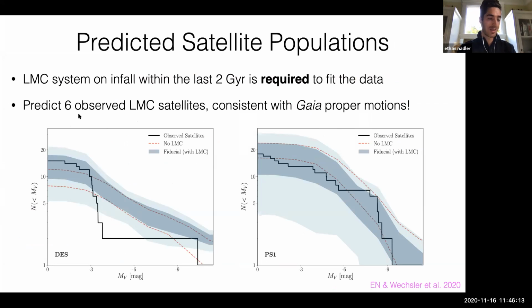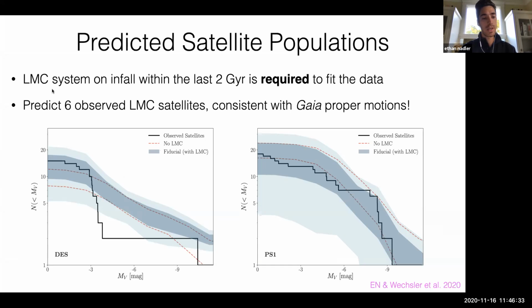So just to give you a sense of the results, after performing the statistical inference, the first thing is that, using a pure CDM model, so using CDM simulations, you can obtain a good fit to the data. Importantly, a really key finding is that the existence of a realistic Large Magellanic Cloud-like system is absolutely required to fit the observed satellite population.